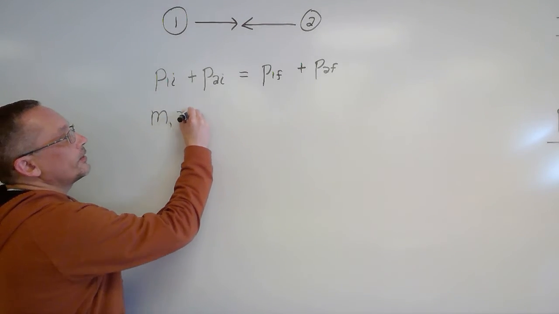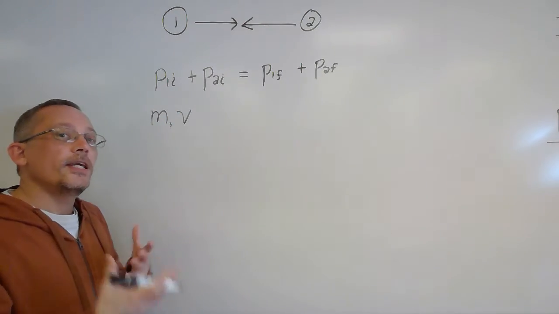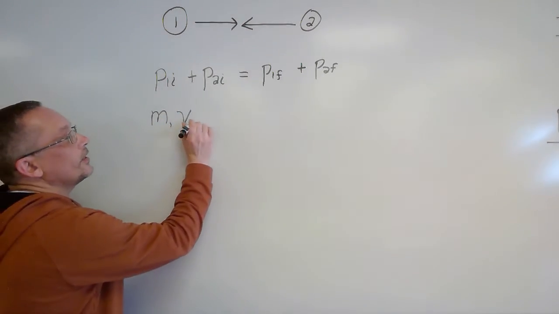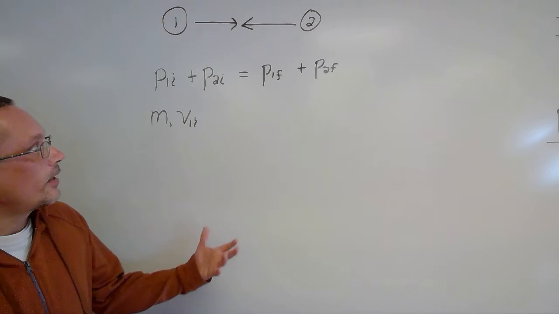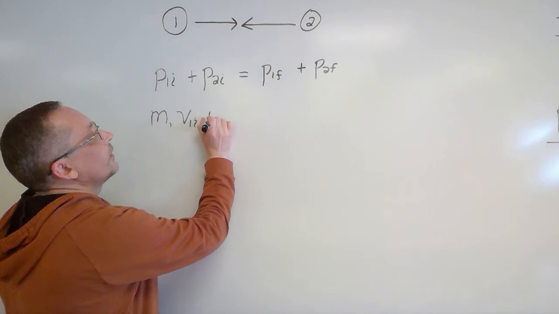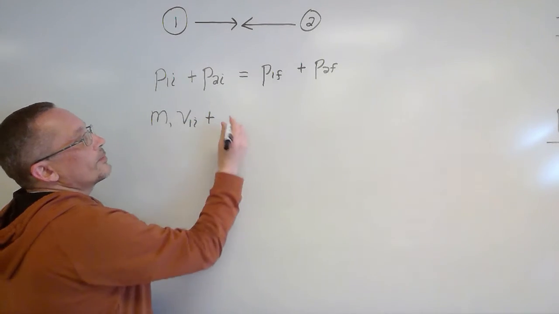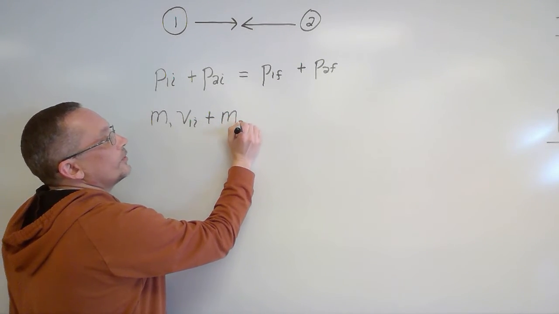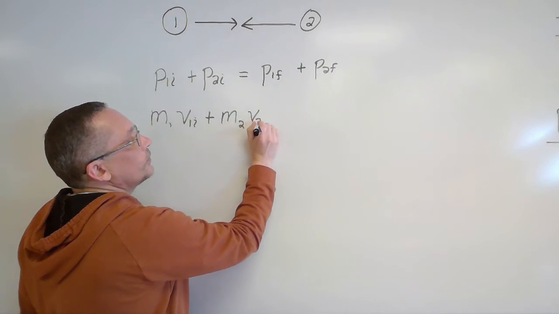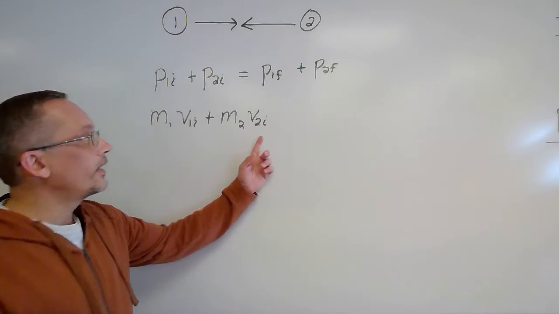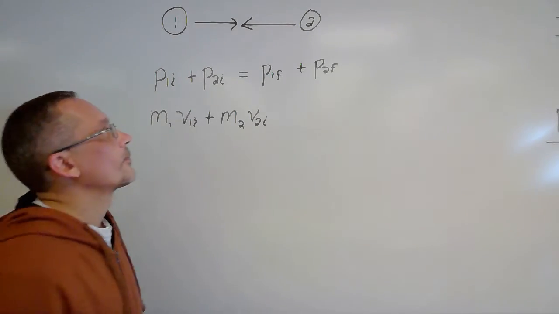And its velocity, because it'll change, I'll call its initial velocity, v1I, the initial velocity of object 1. I'll do the same for object 2. Its mass will be m2, and its initial velocity, I'll say, is v2I, the initial velocity of object 2.